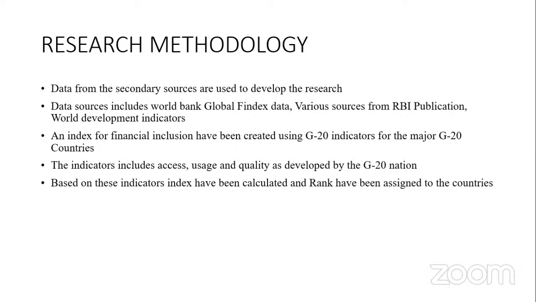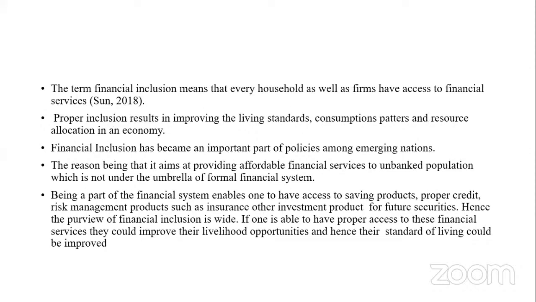These indicators include access, use, and quality, and they were developed by the G20 nations to assess the financial inclusion of a country. Based on these indicators, a rank has been assigned to the country. This is a three-year period of study, that is 2014, 2017, and 2021, and the three years of data have been analyzed.